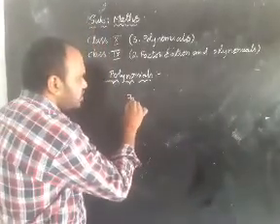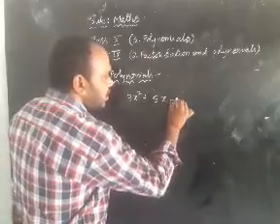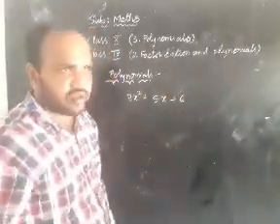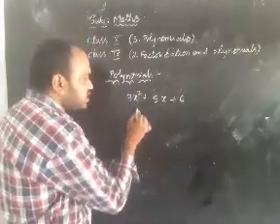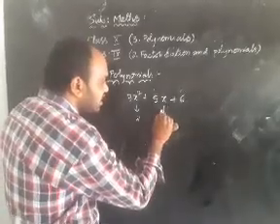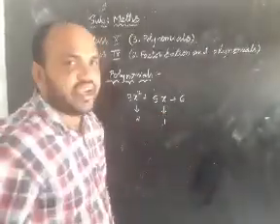See here, 3x square plus 5x plus 6. Here we have the variable x. What is the power of x here? In this case, the power is 2. In this case, what is the power? 1. So 2 and 1 are the integers.